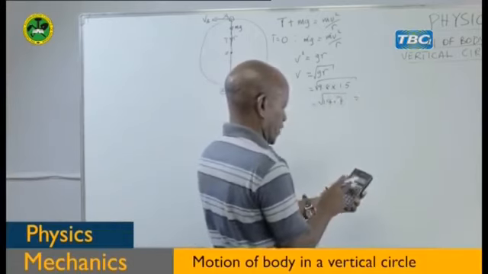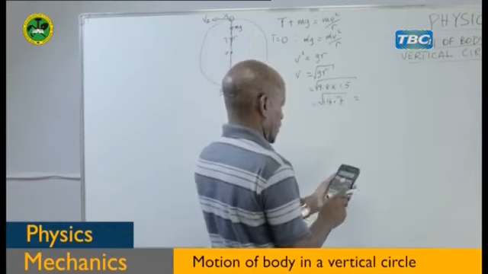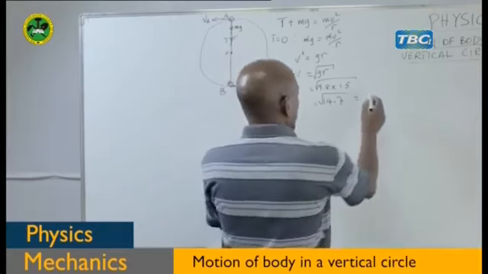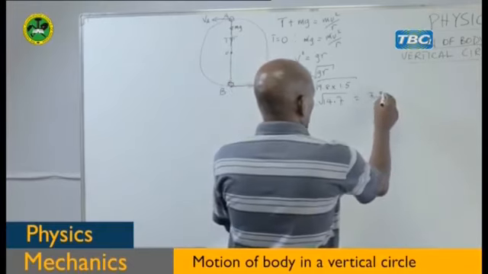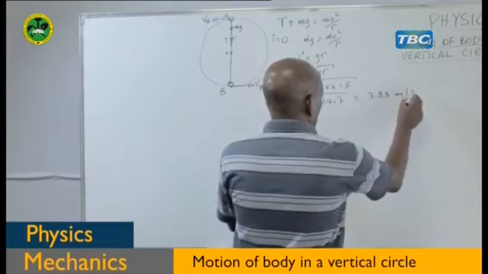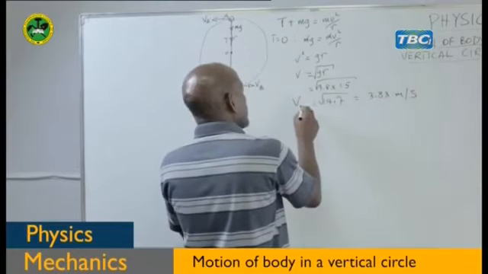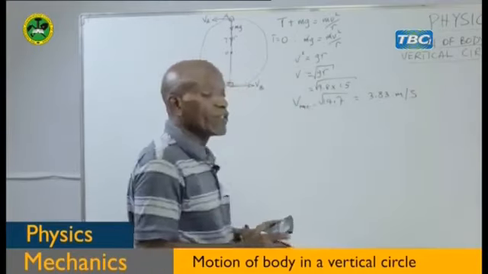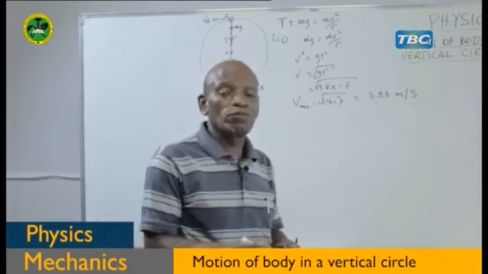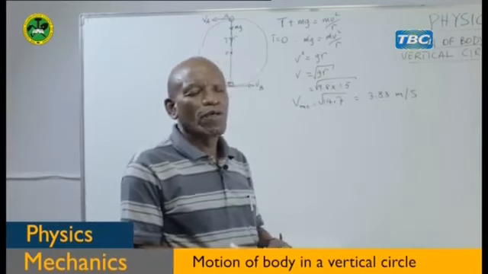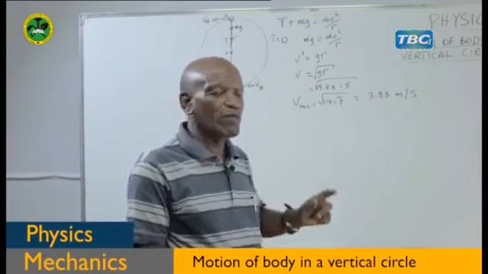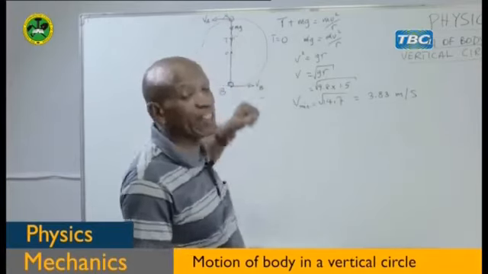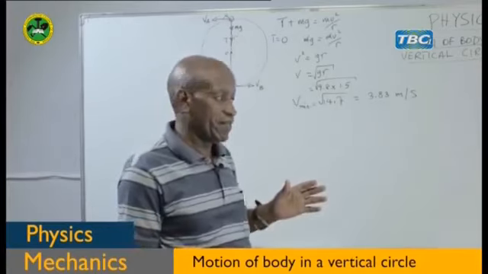The square root of that will be equal to 3.83. So this is the minimum velocity which can make the bucket move at the top around such a circle comfortably without making the string holding the bucket slack.